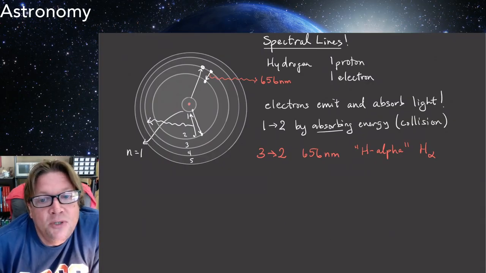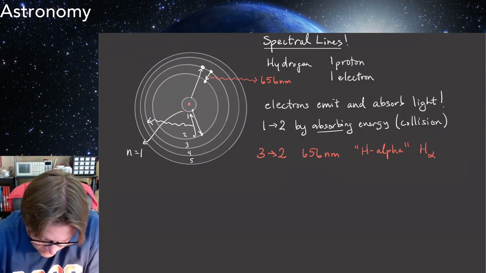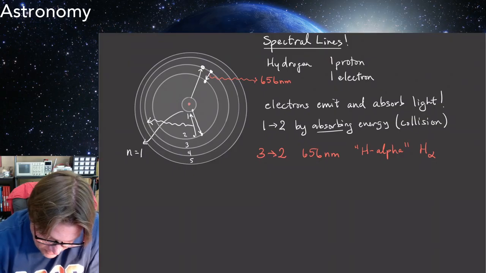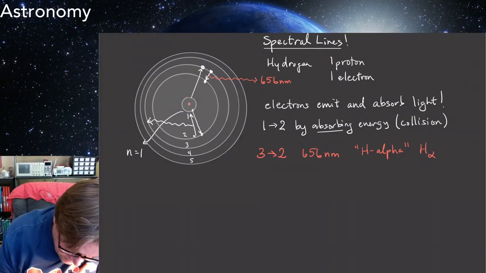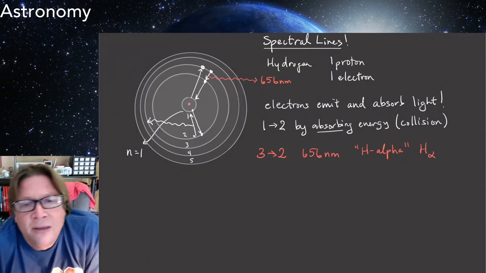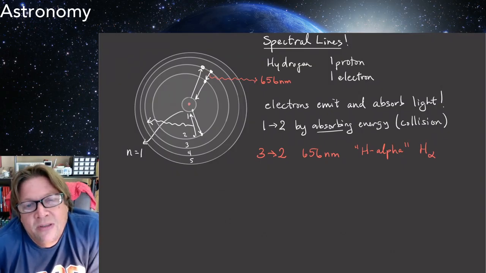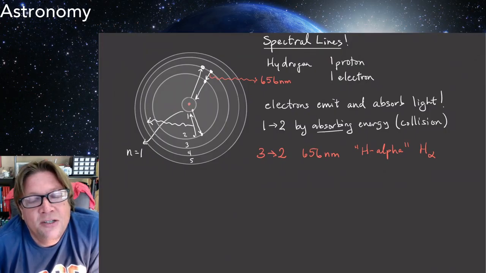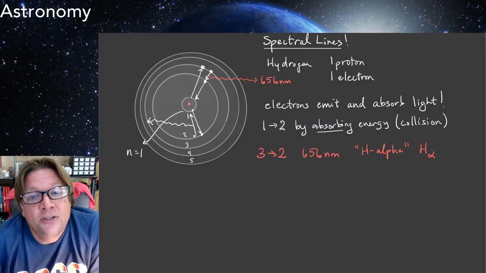And then when it falls from 2 to 1, now what do you notice? From 2 to 1, as it falls from here back down to 1, and I sort of drew it that way on purpose. Notice that 2 to 1 is a lot bigger jump than 3 to 2, right? That means when it goes from 2 to 1, it loses more energy than 3 to 2. So the flash of light from 2 to 1 is actually higher energy light.